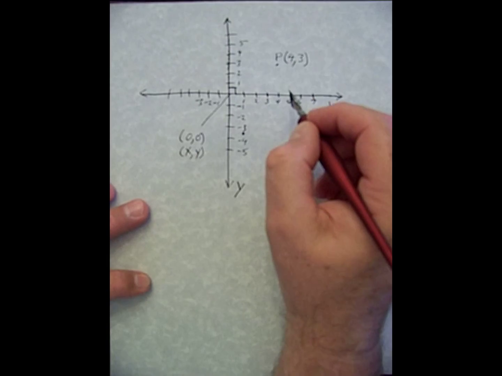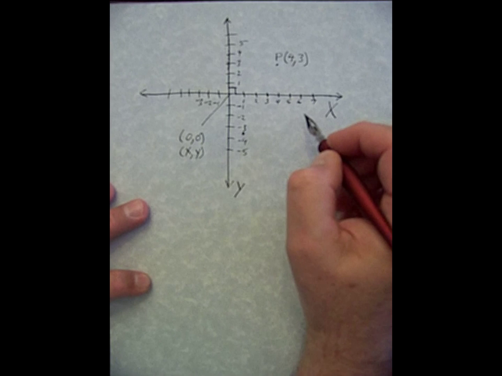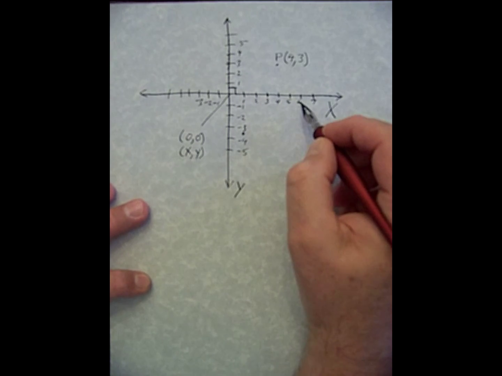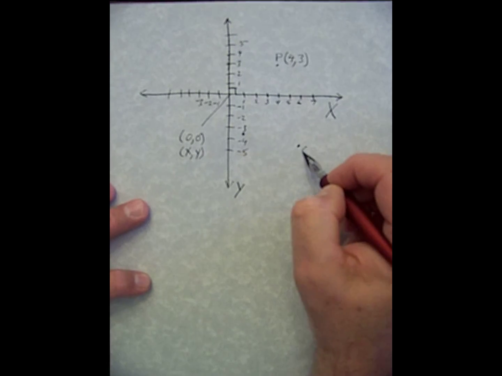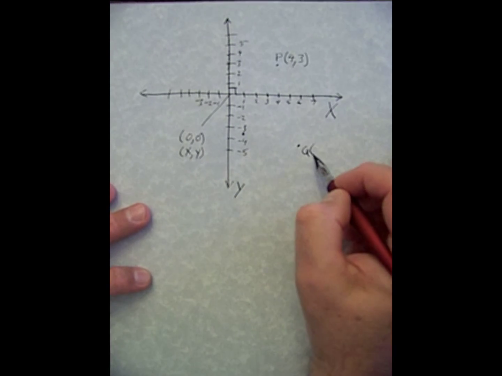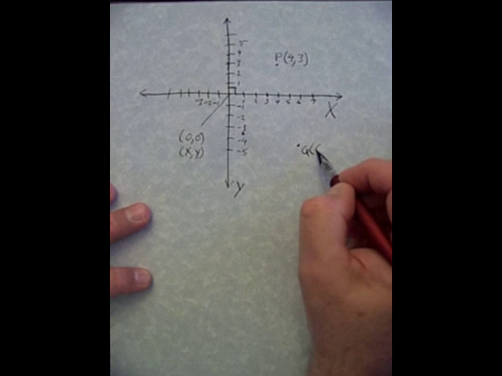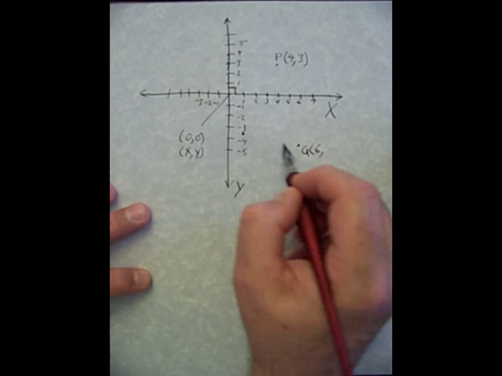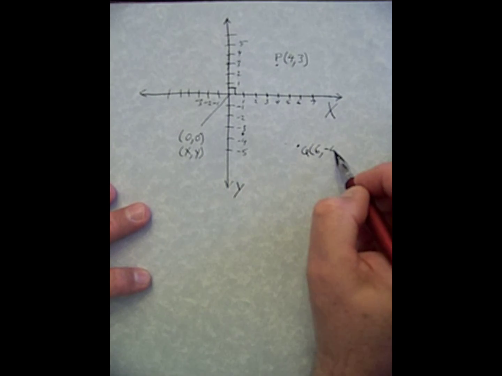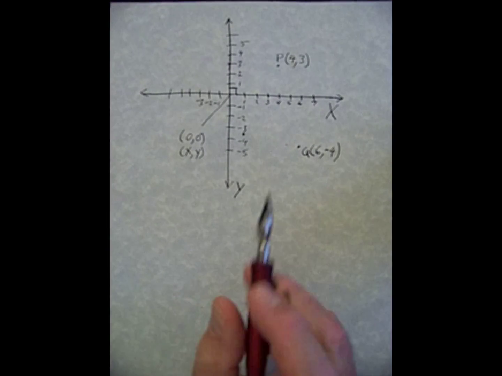Now I can choose another point. Let's make him right here. We'll call this our Q. And here we see that he has an x coordinate of 6 and a y coordinate of, let's pretend like that's minus 4. So now I have 2 points in my 2-dimensional space.